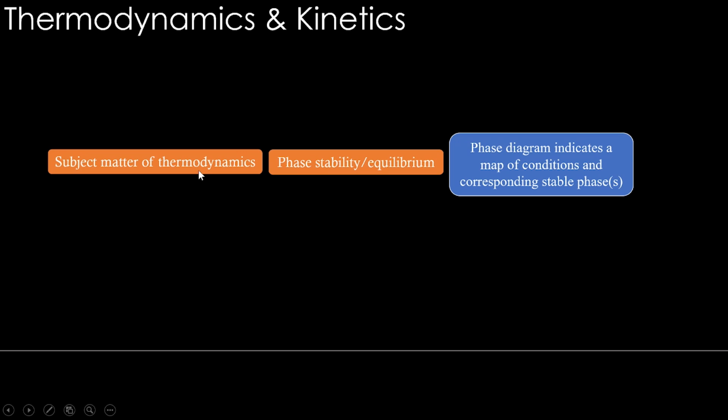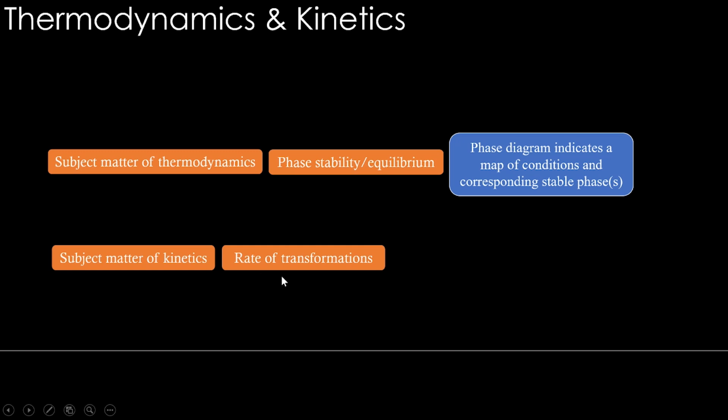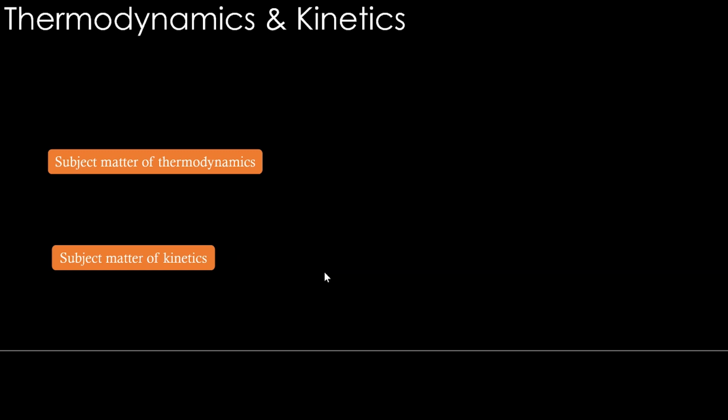We will see in the upcoming week, fully focusing on thermodynamics, and then how it is related to phase diagrams. The subject matter of kinetics is the rate of transformations, right? So both these things are important. Thermodynamics and kinetics are very important for us to proceed further. In the next week we will spend time on thermodynamics, and then we will go to kinetics.